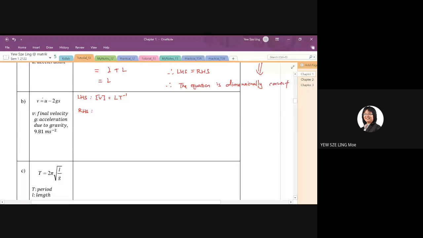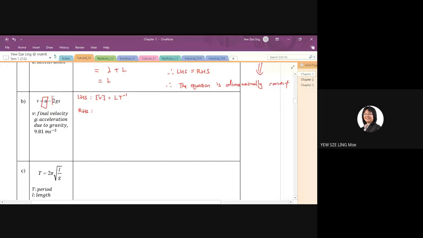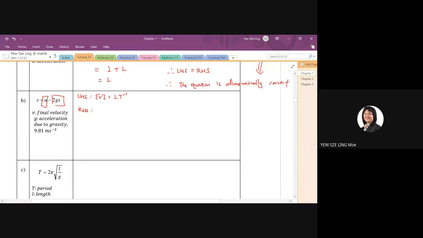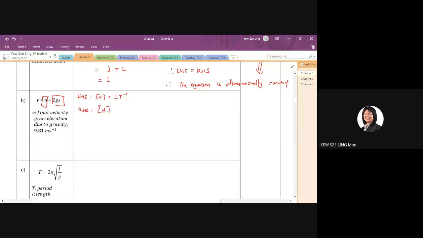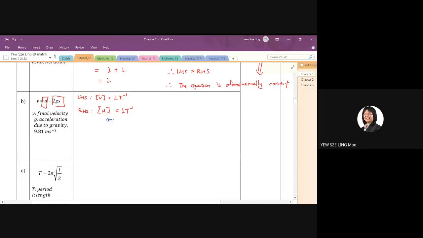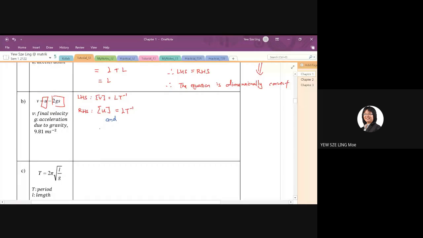So you solve the dimensions for U first, and then you solve the dimensions for 2GS. Also can. So let's try the second method. Square bracket U, where the dimension is LT negative 1. And then we have the second part of the equation.